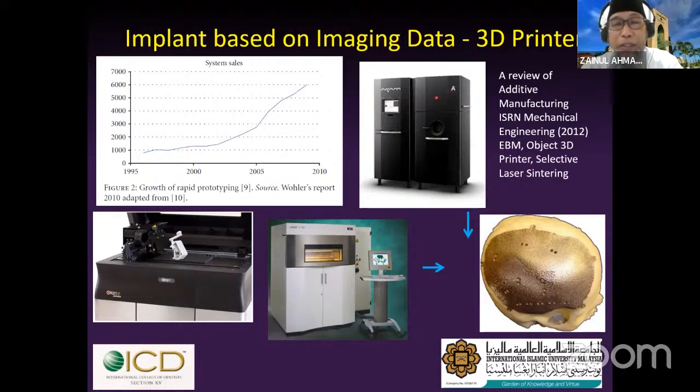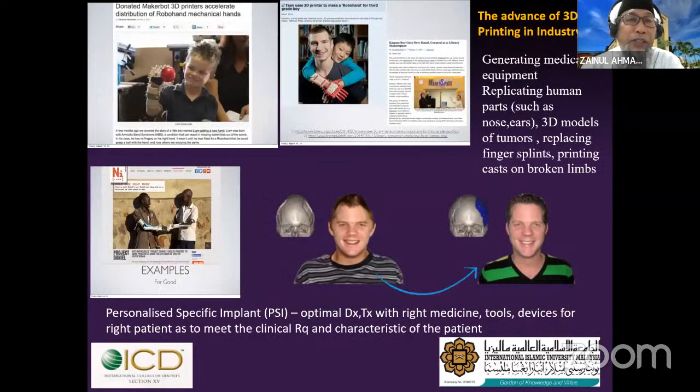These produce most of the implants. This picture shows a cranial implant and other implants such as mandibular, ear, and nose. We can also see equipment replicating human parts, such as noses, ears, 3D models for tumors, replacing fingerprints, and printing casts on broken limbs.